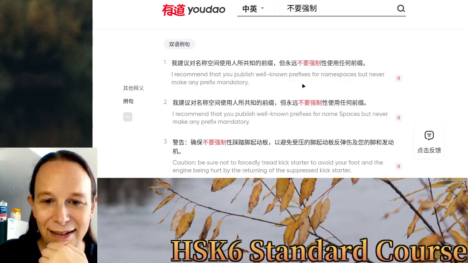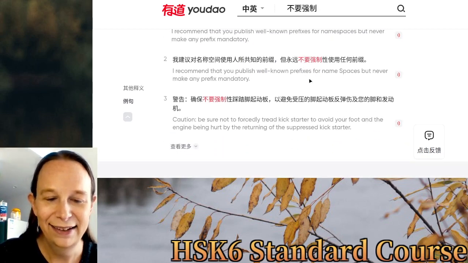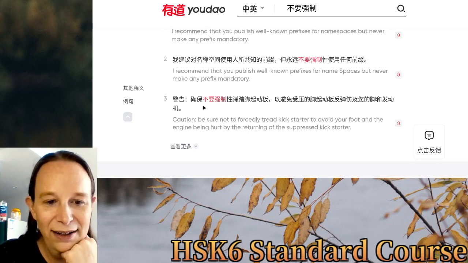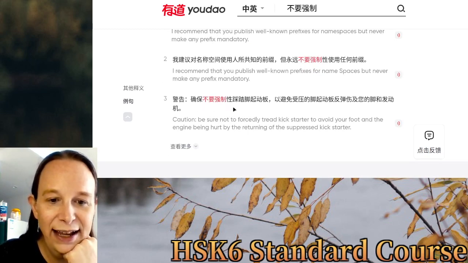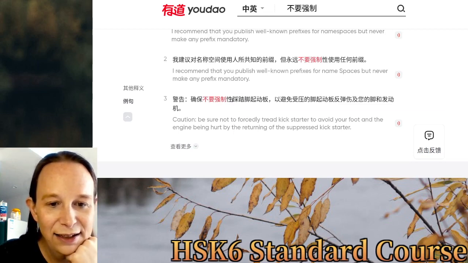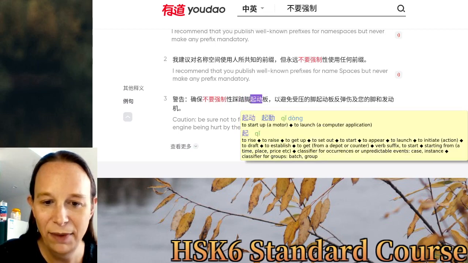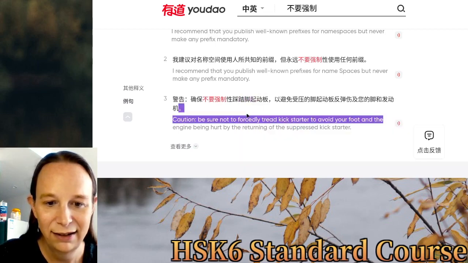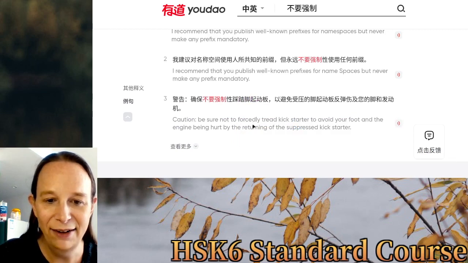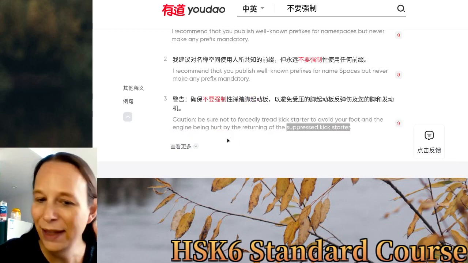This seems like it'll apply in computer science or something. 确保不要强制性踩踏脚启动板. What is it? 启动板. Is that like the accelerator pedal or something? Kickstarter. Yeah, I'm not sure what that means.